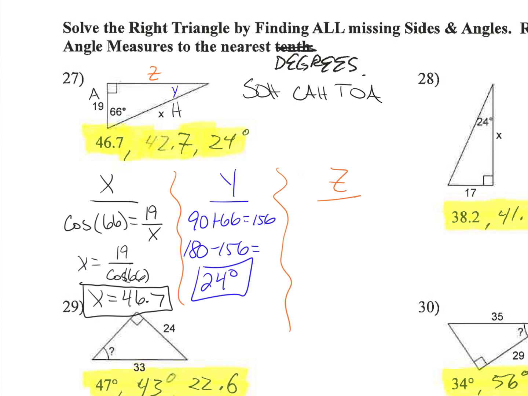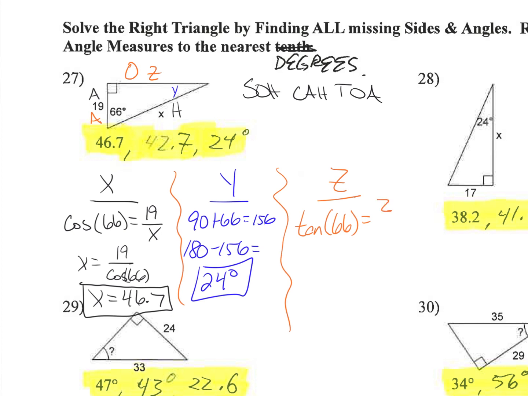And lastly is Z. So I know I found the other side. If I have two sides and I'm missing one, what could we use? Yeah, Pythagorean theorem. A squared plus B squared equals C squared. You could use that, or I'm going to show you the trig way, if you'd rather just use the trig way. So the 66, the 19 is A, and then I've got to find Z. So that's my opposite. So O and A is TOA, tangent of the 66.